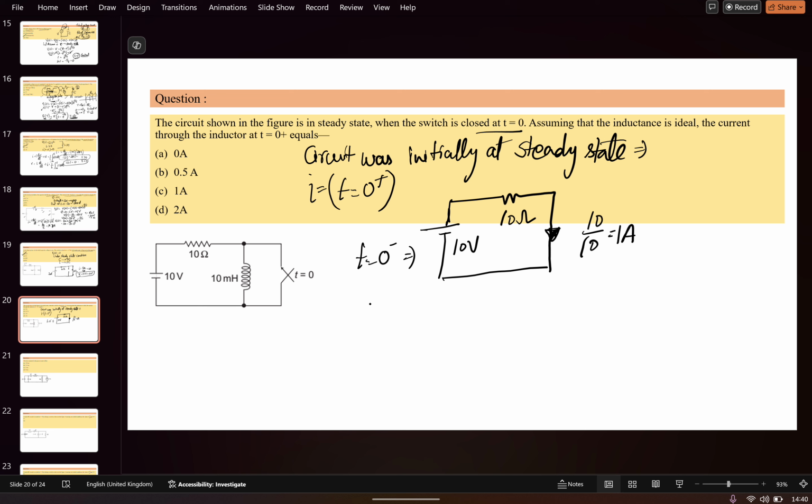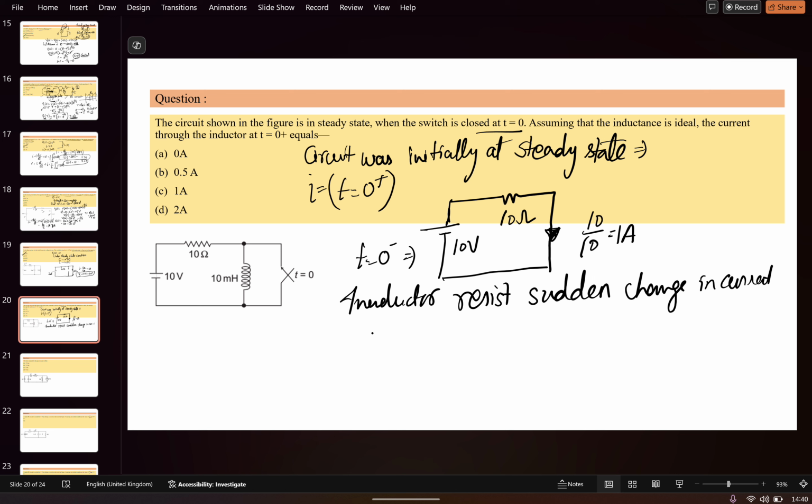Always remember that an inductor resists a sudden change in current. Similarly, a capacitor resists a sudden change in voltage.